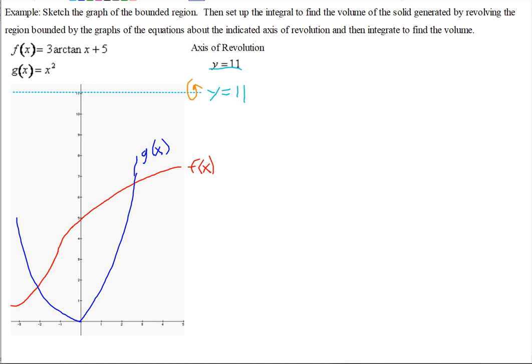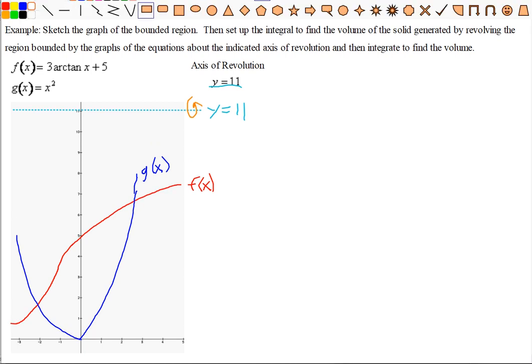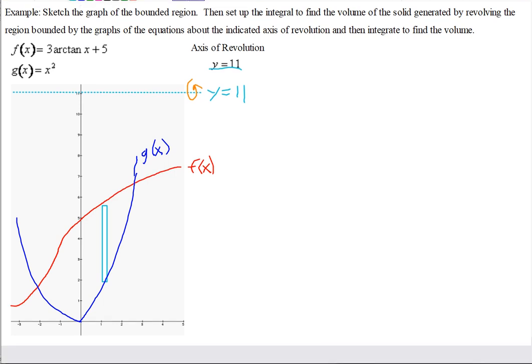So let's draw a representative rectangle in there. Dx. And again, look at our rectangle and the axis of revolution. Notice they're perpendicular, so this would be the disk method.